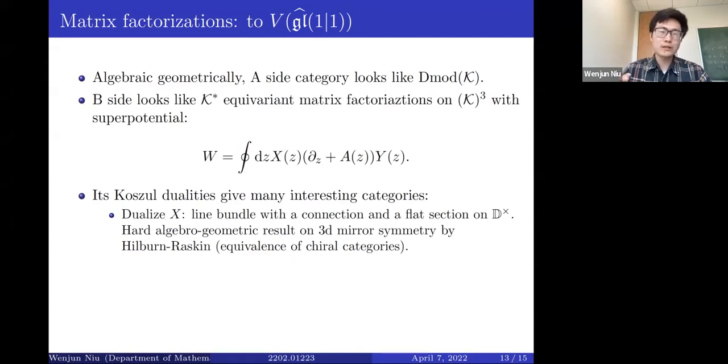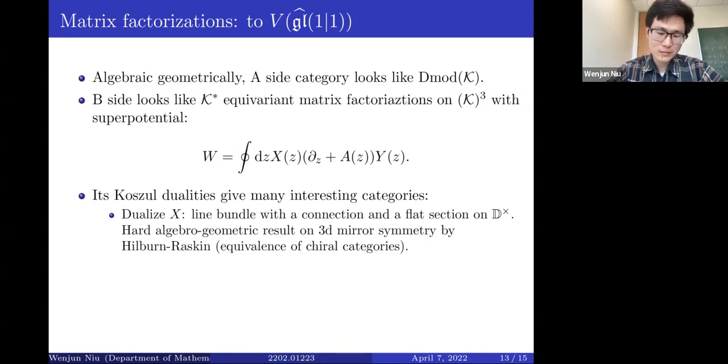So one of the very hard algebraic geometry results, of Hilburn and Raskin, is that if you take the coherent sheaves on this moduli space, that's equivalent to D modules on K. And that's a very, very hard algebraic geometric result.